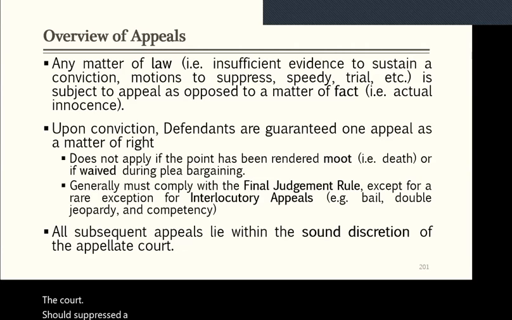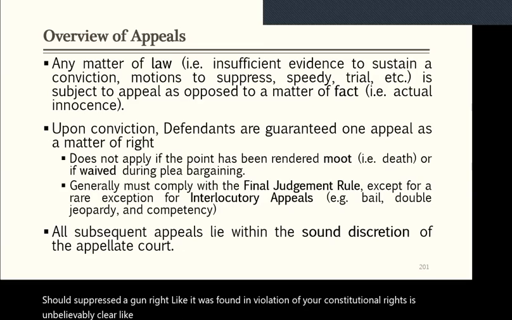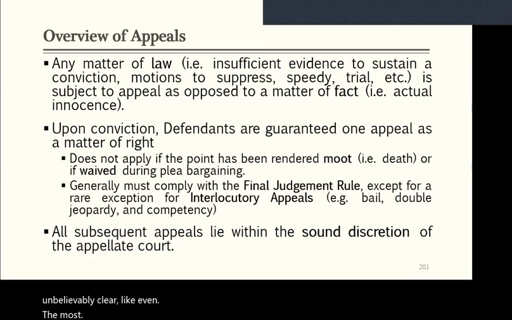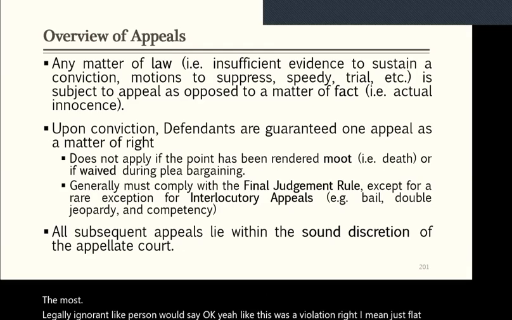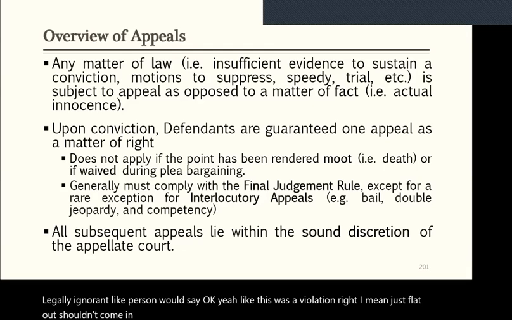Like it was found in violation of your constitutional rights. It's unbelievably clear. Even the most legally ignorant person would say, yeah, this was a violation, it just flat out shouldn't come in. It's done with. And the judge lets it come into evidence.